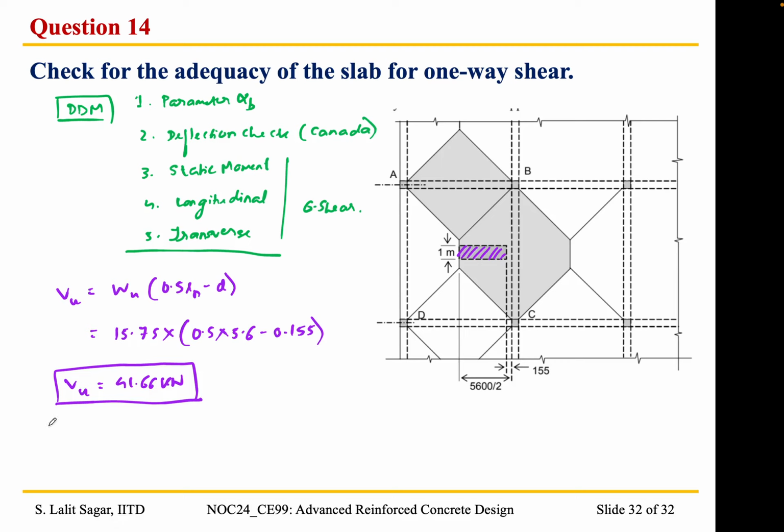So we have shear stress, tau v, is equal to Vu by Bd, that is 41.66 into 10 to the power 3 divided by 1000 into 155, which gives us a value of 0.269 MPa.